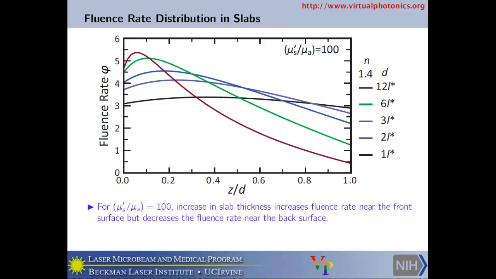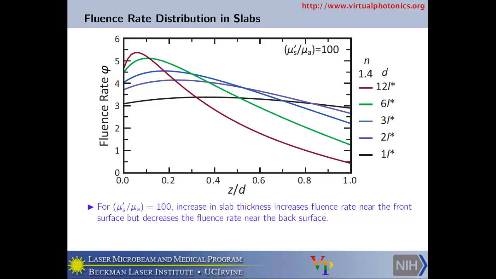Okay. So you see, for the thickest slab, just like the results in a semi-infinite media, you have this subsurface rise. I put it on a linear plot this time, and a decay. As the slab gets thinner, you get a little drop, and then, of course, the fluence rate at the backside starts to increase because the slab is thinner, right?